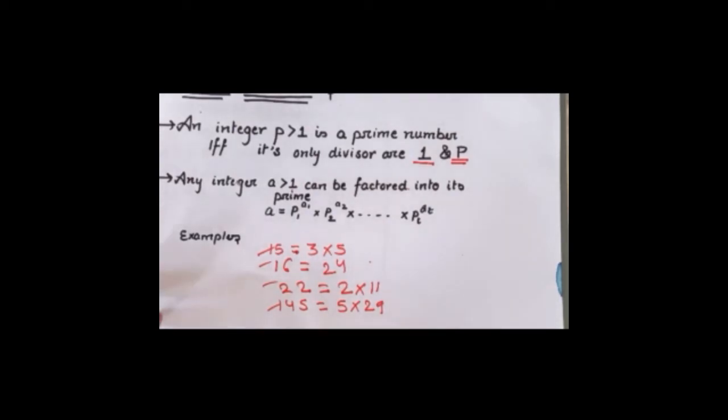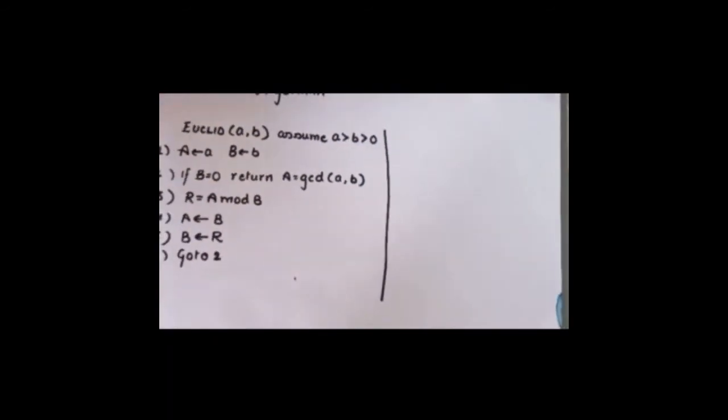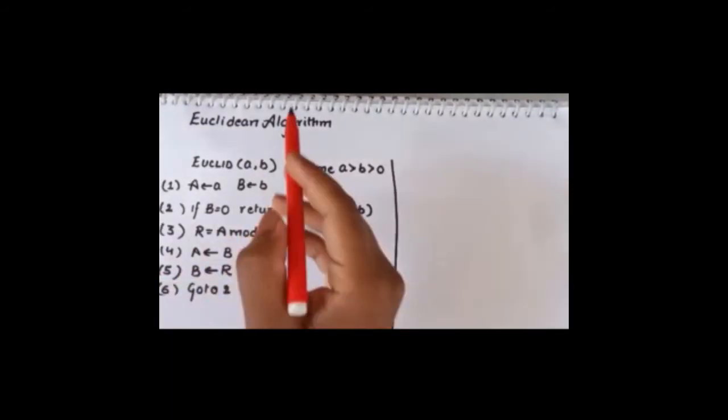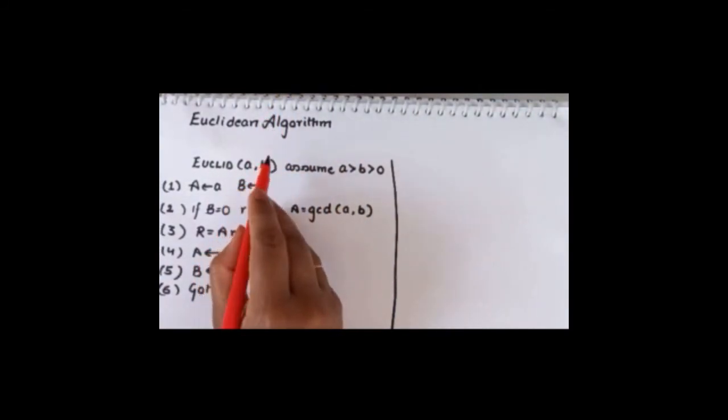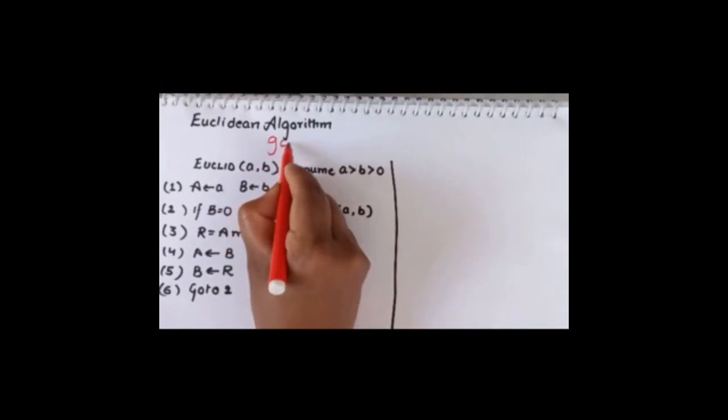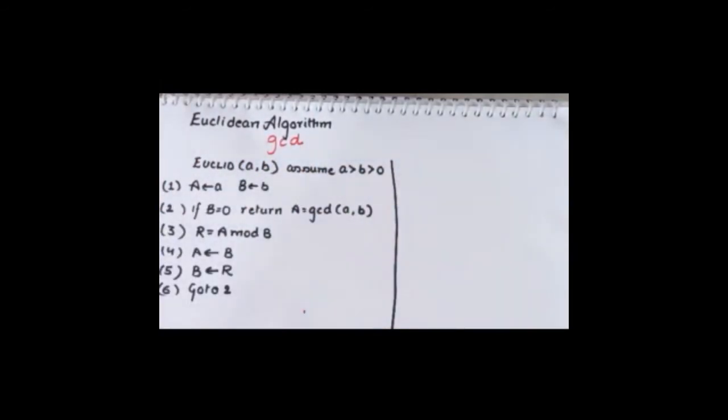Moving ahead to the next topic, which is the Euclidean algorithm. Now, we've already studied that this technique, the Euclidean technique, is used for finding the GCD, or is a procedure for determining the GCD, that is the greatest common divisor, of two positive numbers.